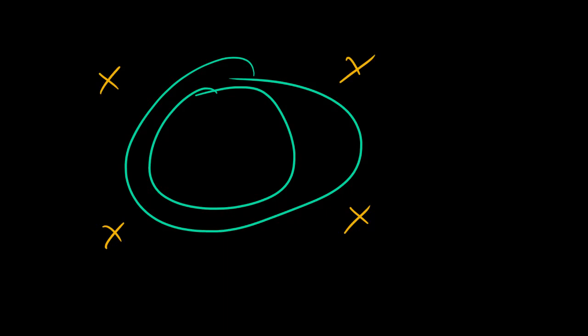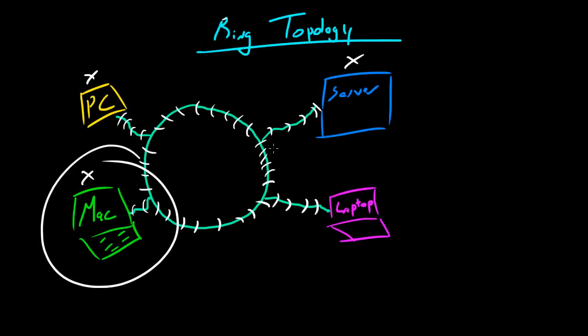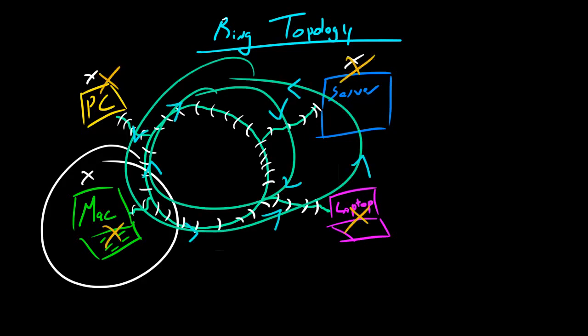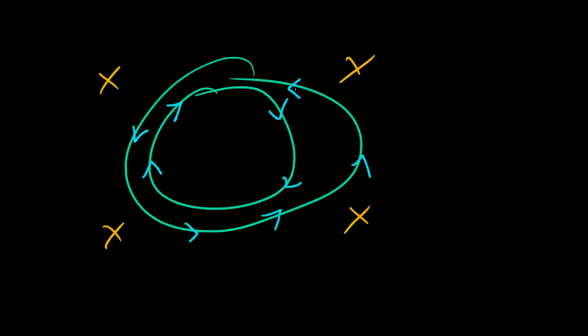The way that these are typically built is you set up two rings where the data flows in this direction on one of the rings and in the opposite direction on another ring. So we call both of these ring topologies, even though this one is a very simplistic ring network, and this one right here is a more common one where they have two rings and the data can flow in opposite directions.